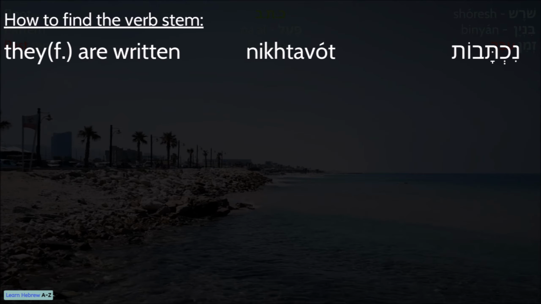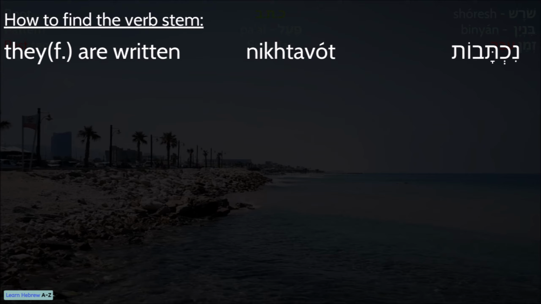A common way to recognize a verb stem in Hebrew is to conjugate the verb to its third person, past tense, masculine singular form. This will sound similar to the verb stem. In our case, Katav, paal. It works as follows. Take the word נכתבות in Hebrew.